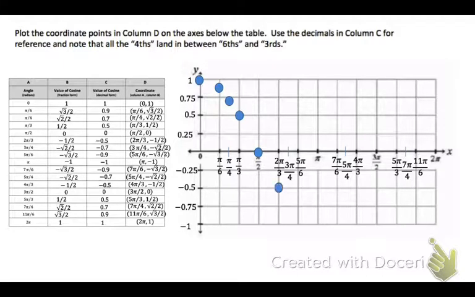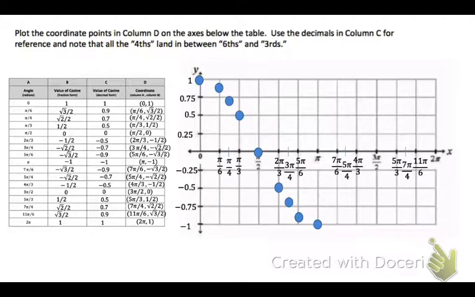2 pi over 3 is -1/2. 3 pi over 4 is negative square root of 2 over 2, which is negative 0.7. 5 pi over 6 is negative square root of 3 over 2, so about negative 0.9. Pi is -1. That's my low point. Notice the low point is right in the middle of our whole graph.